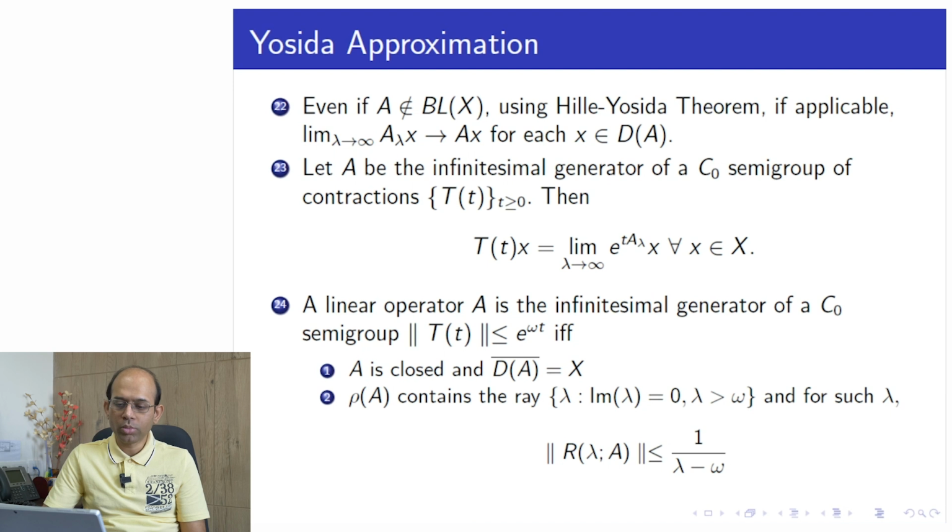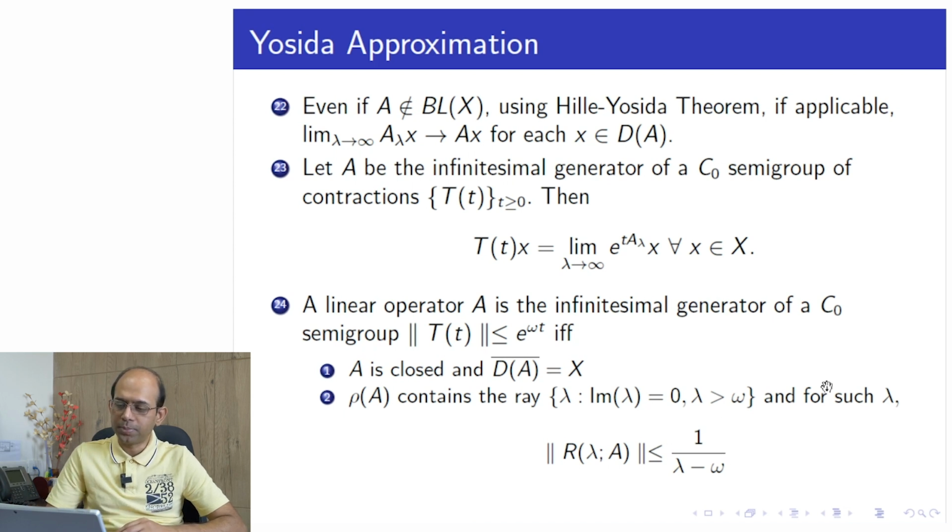Second is that the resolvent set rho of A, since we are talking about the broader class, so I have to deal with a relaxed condition here, correct? So rho of A contains the ray, which ray? The set of all lambda in the complex plane such that the imaginary part is 0, so these are all real lambda, and lambda is greater than omega. So rho of A contains omega onward, that ray.